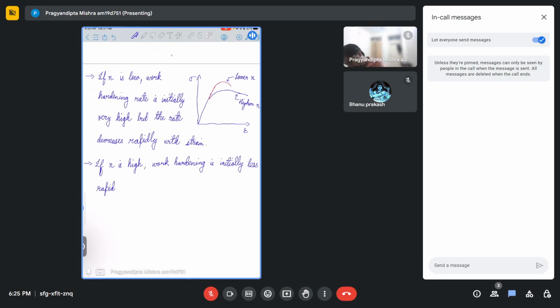But it will continue to rise to high strain values.